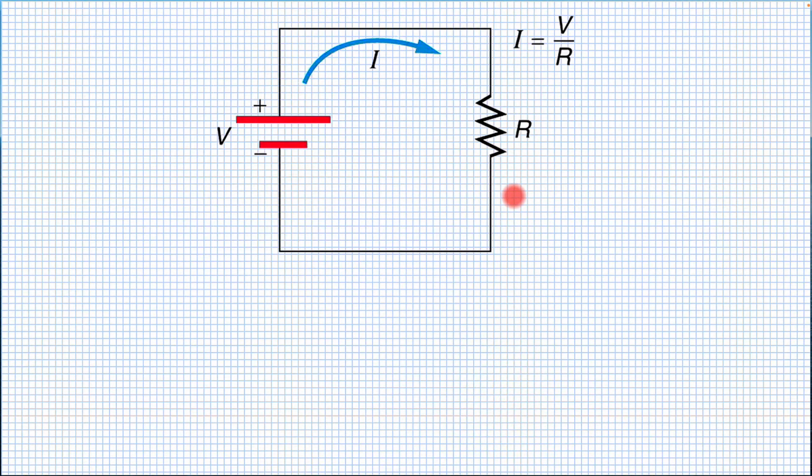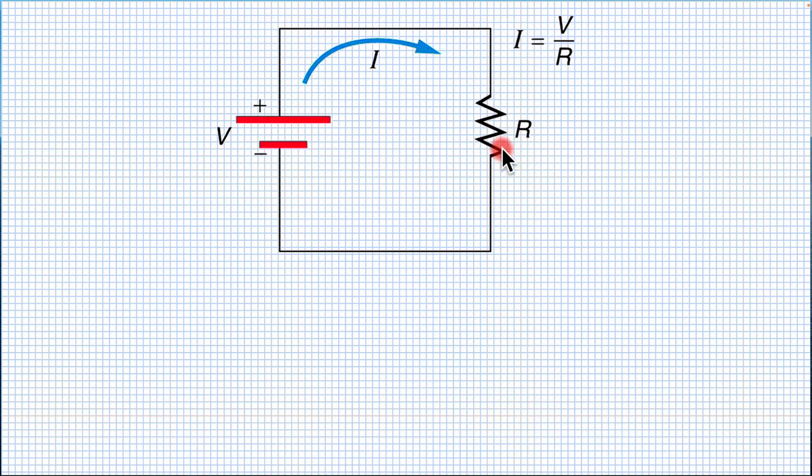So let's analyze a circuit diagram. We've got our potential difference, we've got our conventional current flow, which is clockwise, high to low potential, and of course our resistor. Now mathematically, there is a relationship between the current and the voltage, because in this case the resistance is constant.